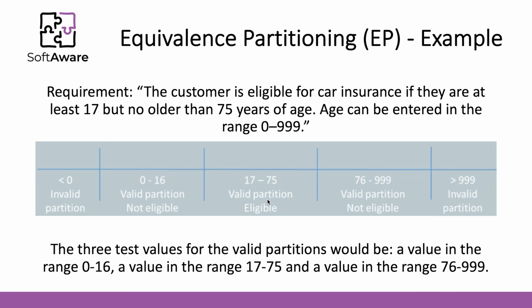For the next partition, we can choose, for instance, 50, and we get the eligible result, and this implies that the whole partition is tested. For the last valid partition, if we choose, for instance, 100, we have that partition tested, and all these numbers can be considered covered by that representative.